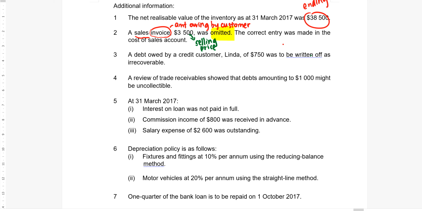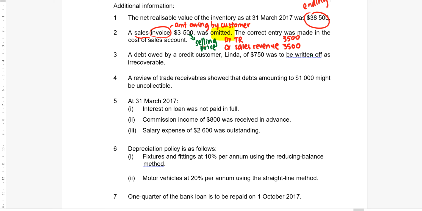Hence, what do we need to do to adjust for this? We need to debit trade receivables, credit sales revenue, $3,500.